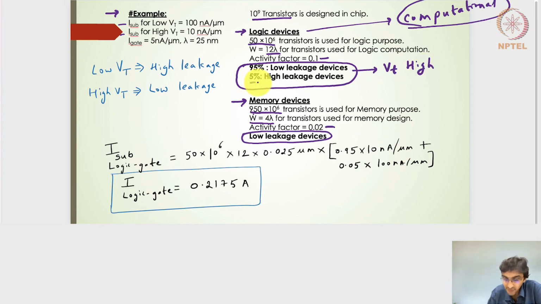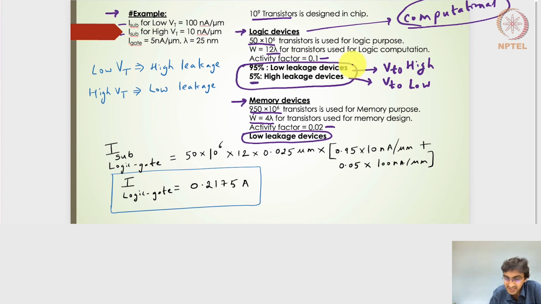Similarly, 5% of the transistors used for the logic devices, which is 15 x 10⁶ transistors, are built using high leakage devices. That means high leakage current, so I will have a low VT0.